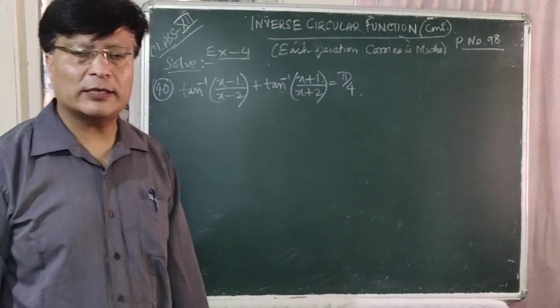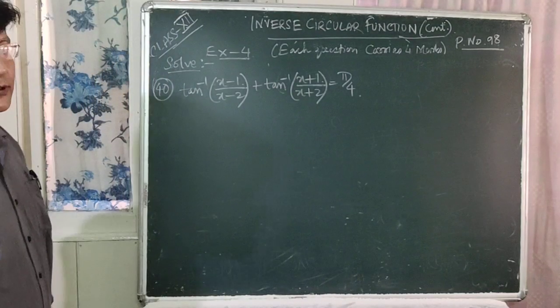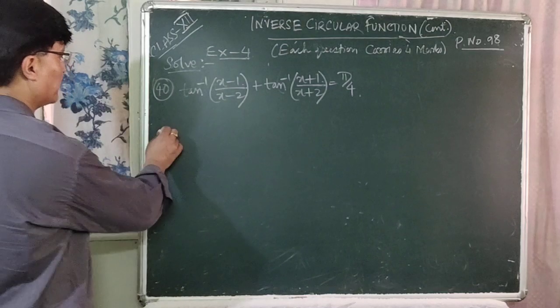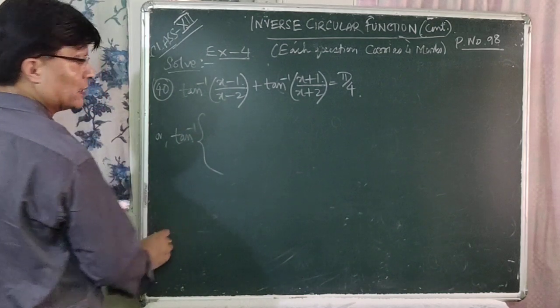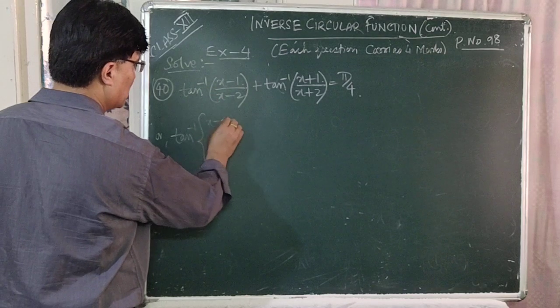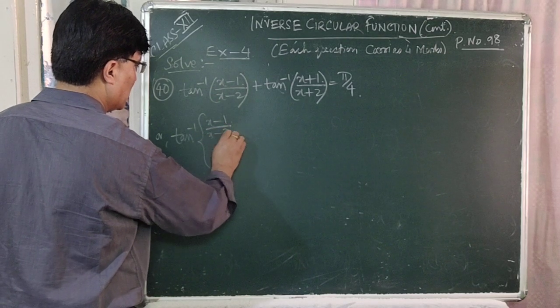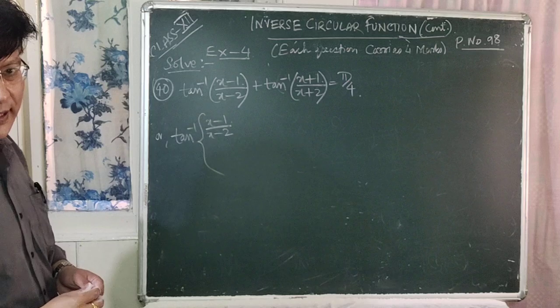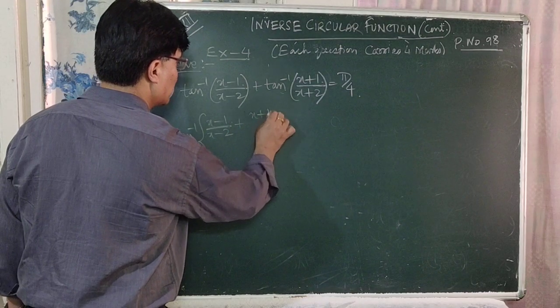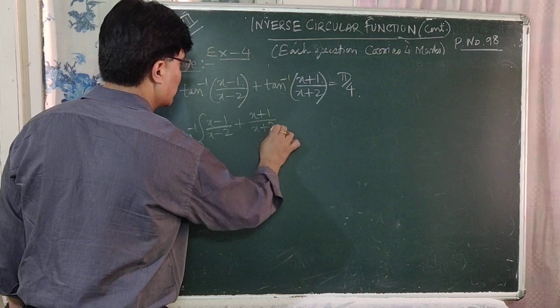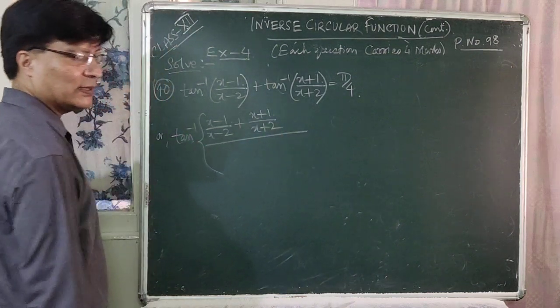What is the formula that you can use here? Again, it is tan inverse x plus tan inverse y, or tan inverse, now within second bracket. What is x here? X here is x minus 1 upon x minus 2 plus, what is y? X plus 1 upon x plus 2, that is your y.